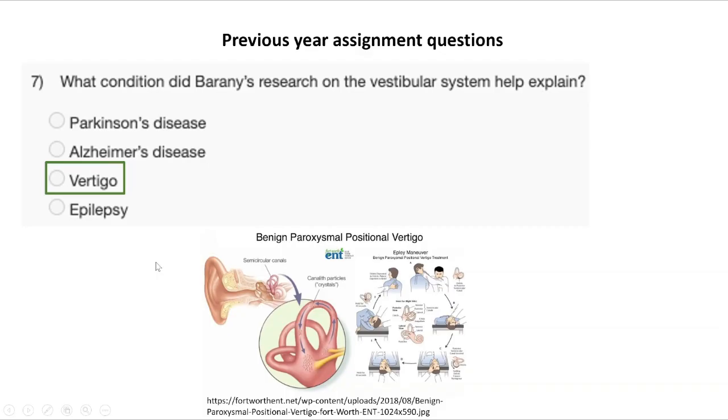Next question. What condition did Barany's research on the vestibular system help explain? We have already discussed this.